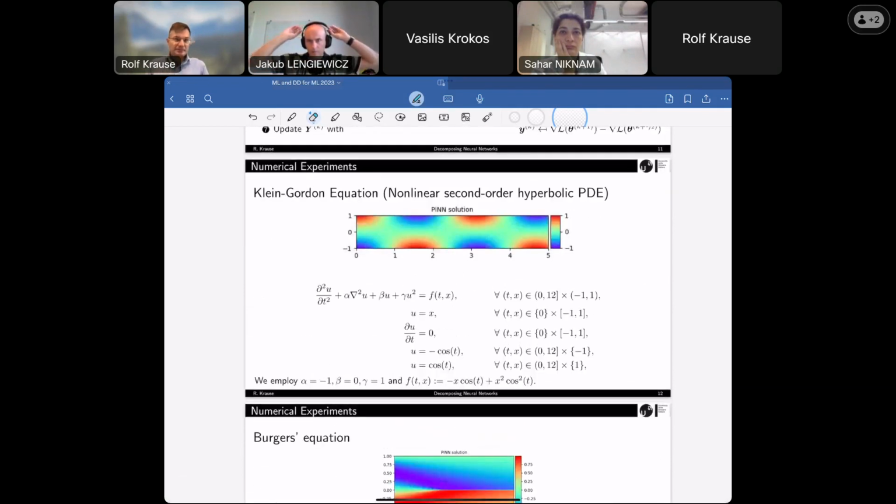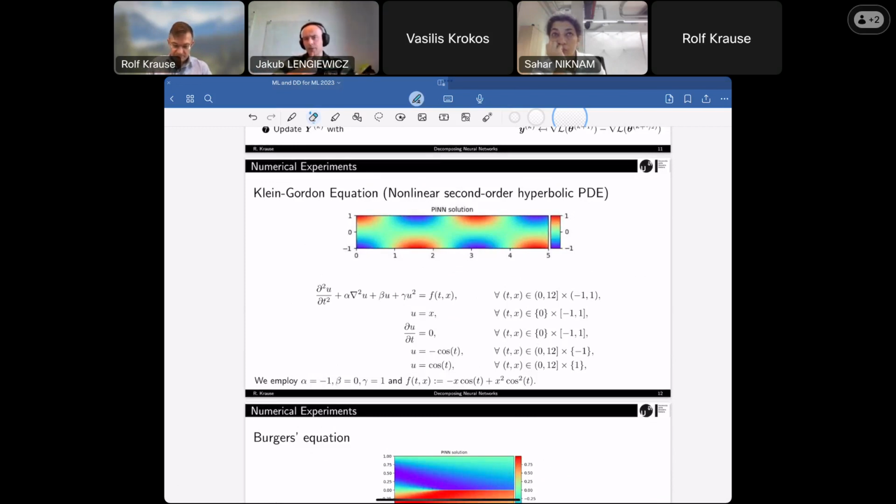Because the approach that you chose was the PINN, right? The pure PINN, in which you don't have a data component. You compute things on the fly, and you have the residual as part of your loss function. Exactly, together with some boundary condition terms.